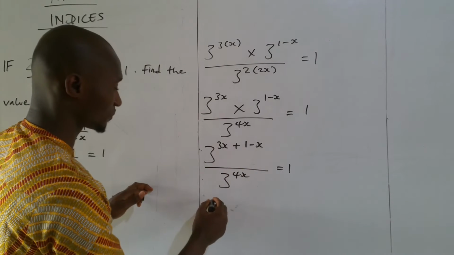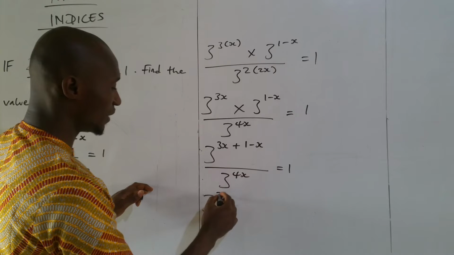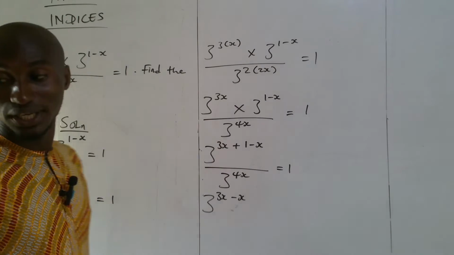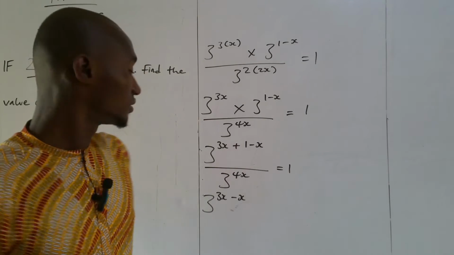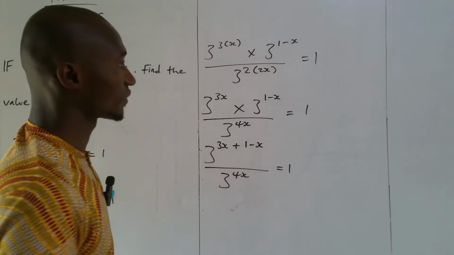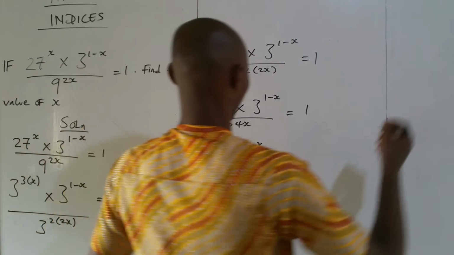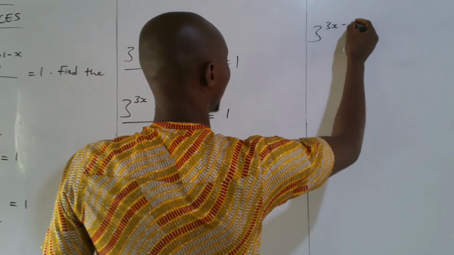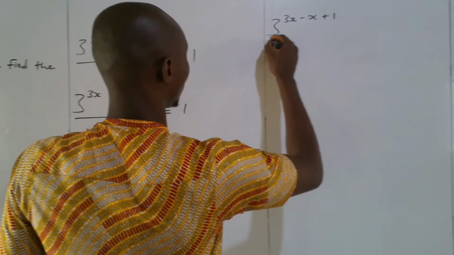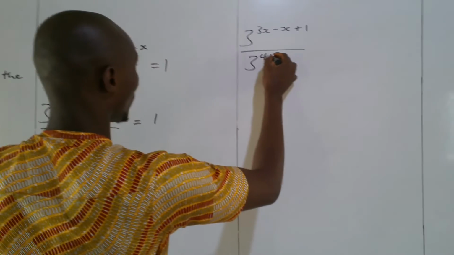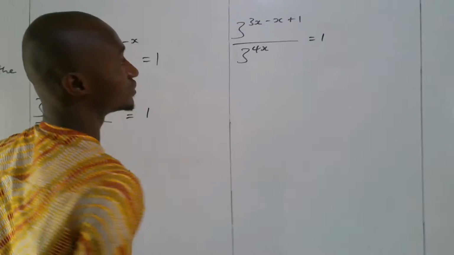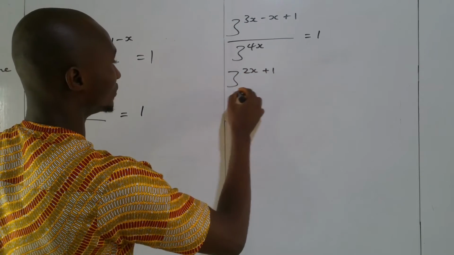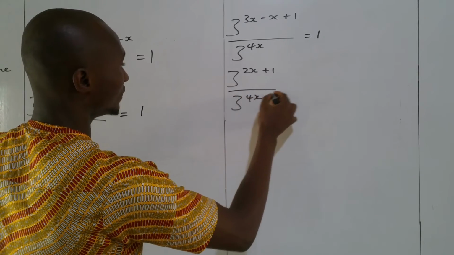So here we're going to have 3 raised to the power 3x minus x plus 1 all over 3 raised to the power 4x equals 1. This means 3 raised to the power 2x plus 1, all over 3 raised to the power 4x, equals 1.